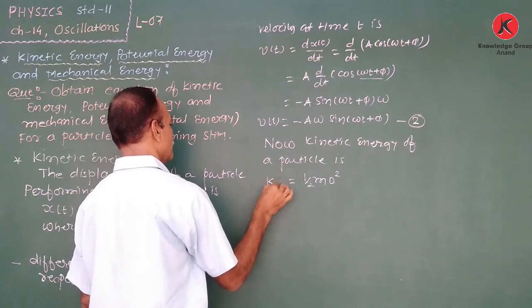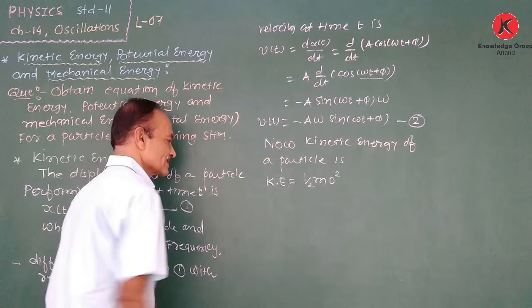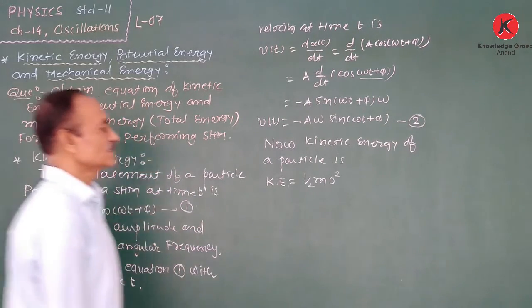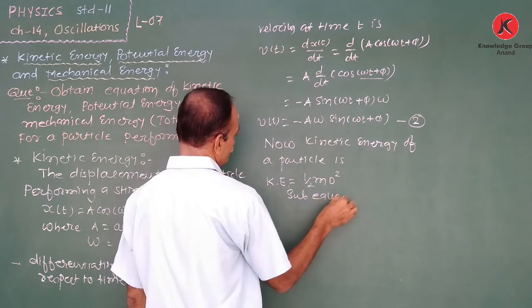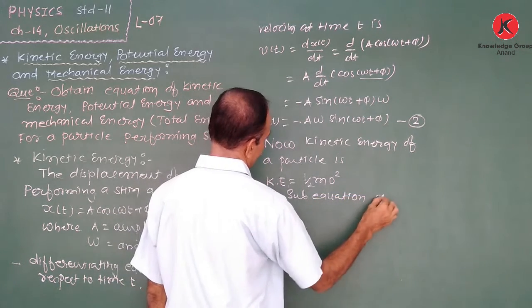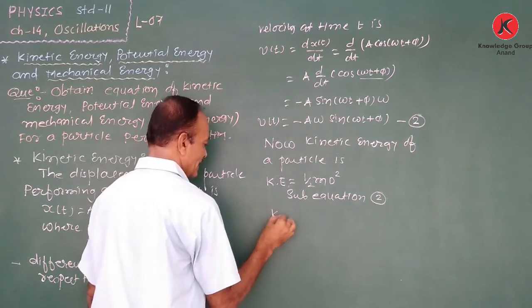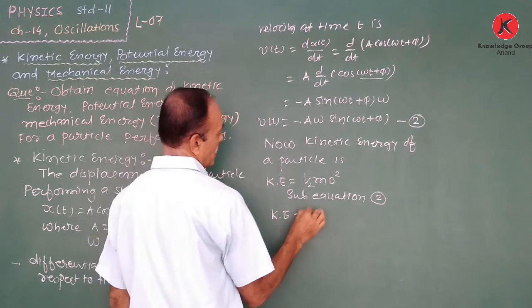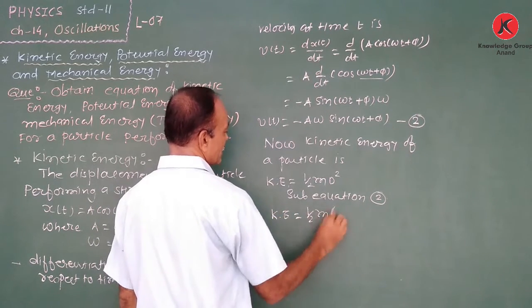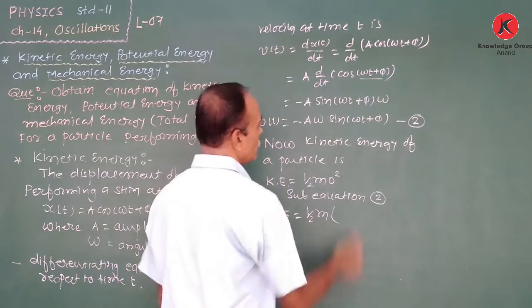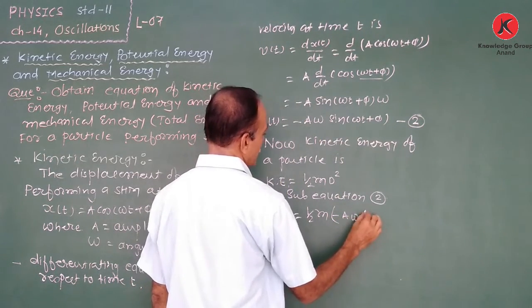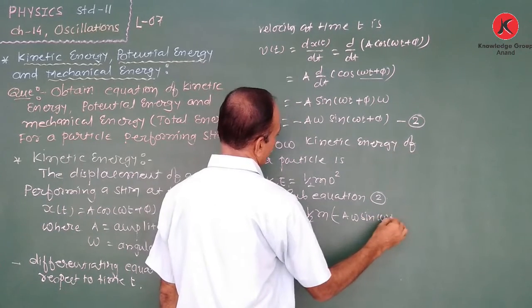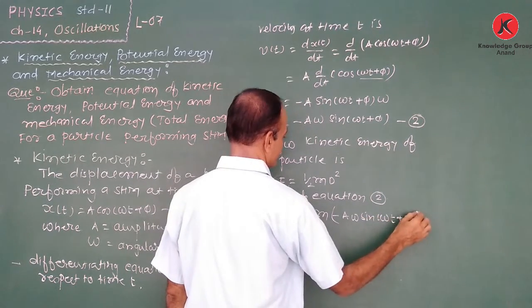Substituting equation 2, kinetic energy is equal to half m, and the square of the velocity, minus A omega sin(omega t + phi) whole square.